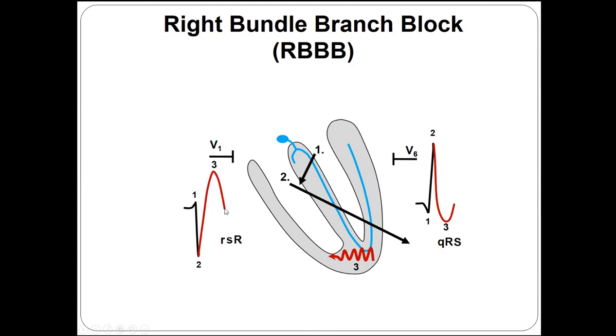As you see here, the last part of the QRS is elongated, and we have a wide negative S wave on the left side. If you look at the ID time, it is elongated on the right side and doesn't change on the left side. This is how you know it's a right bundle branch block. But you're always looking in V1 for the RSR complex and the wide S wave on the left side.